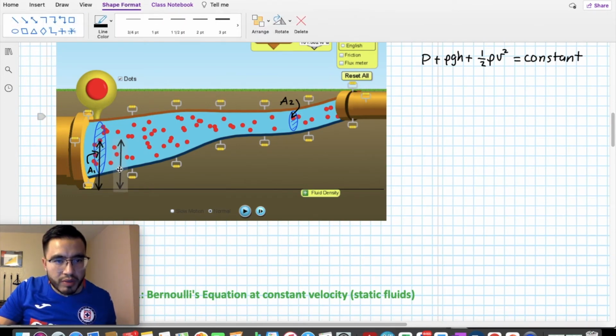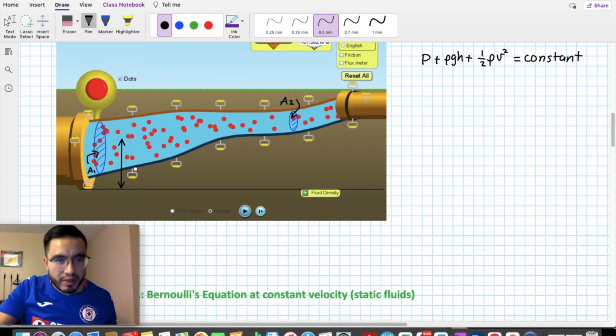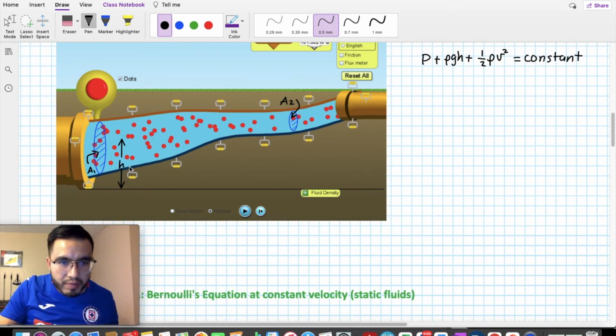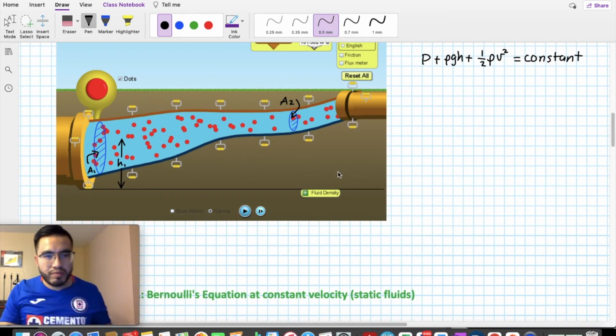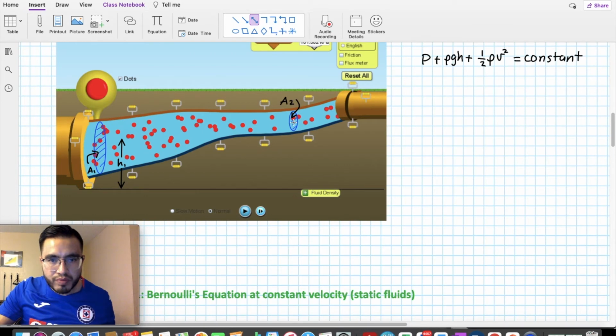I would call this one height number 1. Let me fix this real quick, guys, so that the example makes sense. So this is H1. I don't know if that looks like an H. Let's try it again. H1. And I'm going to pick over here to be my second height, H2.